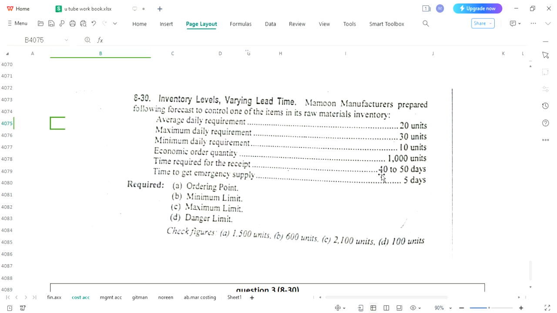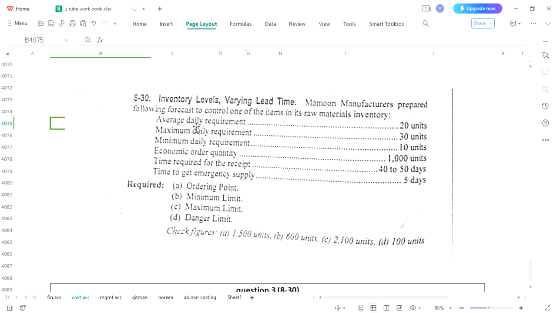It is my humble request, please make sure that these two factors are matched with each other. If your time is given in days, your requirement or consumption, whether maximum, minimum or average, should also be in terms of days.